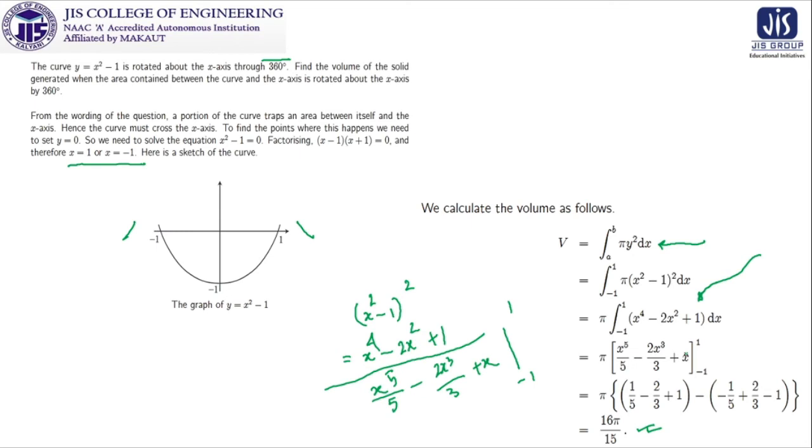We can't say that this is the result of the volume of the revolution of the y equal to x square minus 1 curve, because we are not giving the axis, we are not even specifying the starting point, ending point, we are not even specifying the rotation.